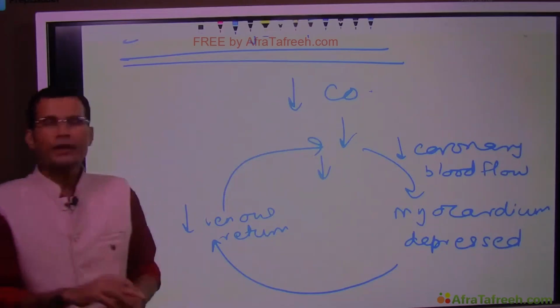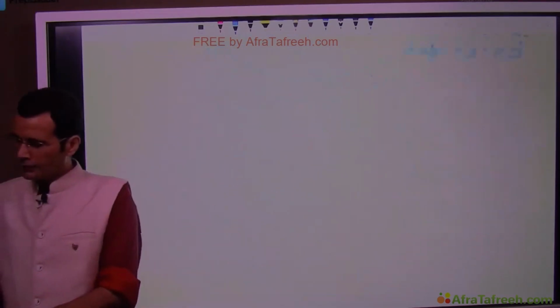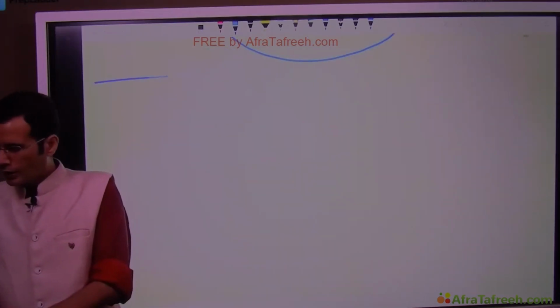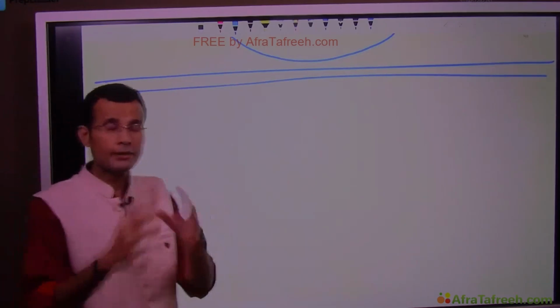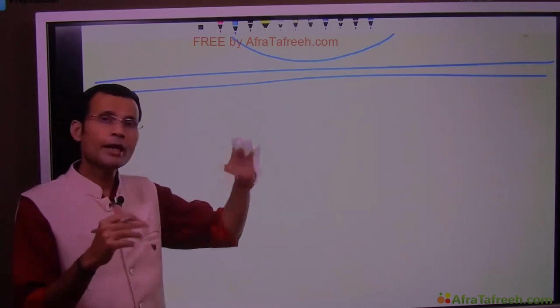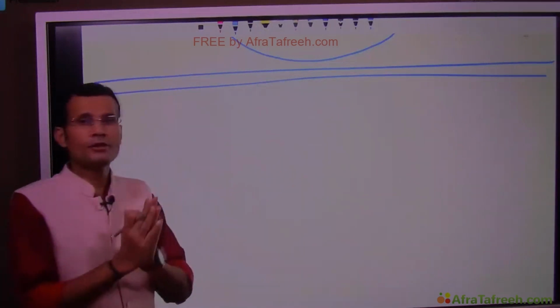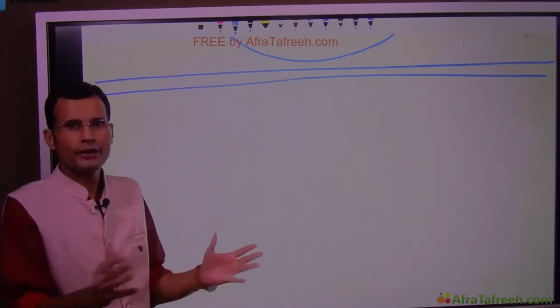So a vicious cycle develops like this, and change gets enlarged. As I mentioned, in the negative feedback error gets minimized. Here the error gets amplified or magnified.